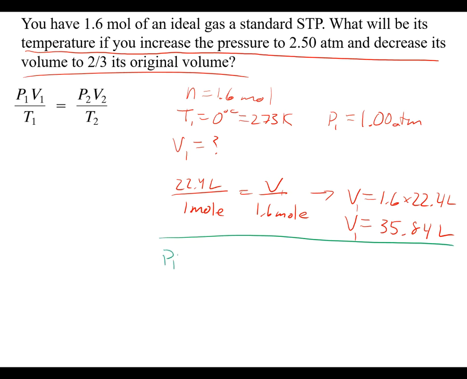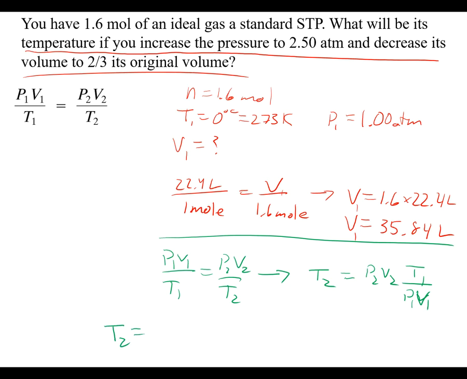We know that P1 V1 over T1 is equal to P2 V2 over T2. If we solve for the temperature, T2, then that's going to equal P2 V2 times T1 over P1 V1. Just using algebra, that's what we get.